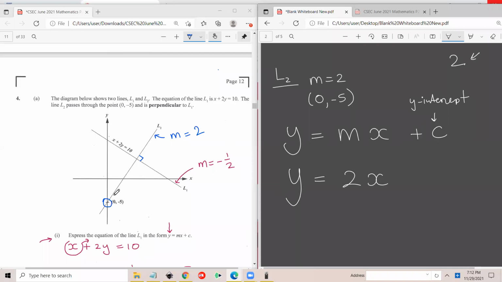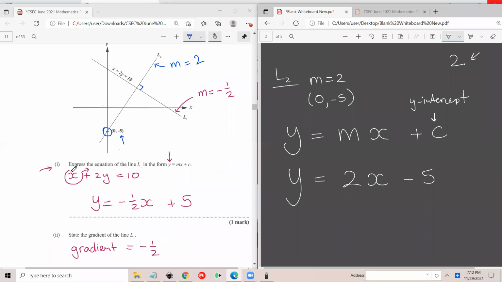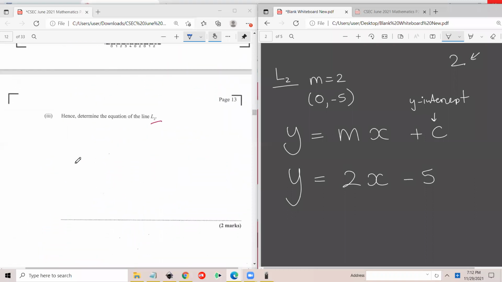Look at it here. It's cutting the y-axis at minus 5. There wasn't any need to do any calculations to find C. Even if they did the calculations, you would still end up with minus 5 as the y-intercept. So the final answer for this one would be y is equal to 2x minus 5.